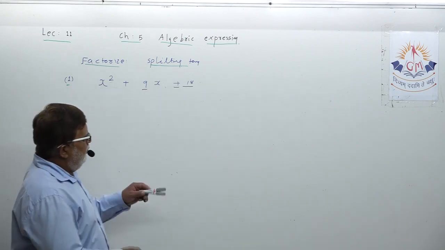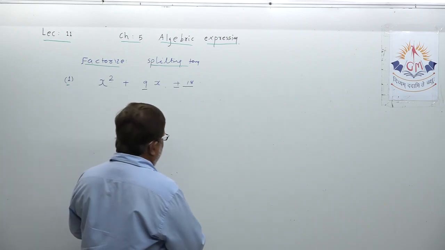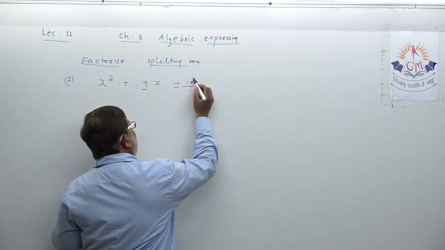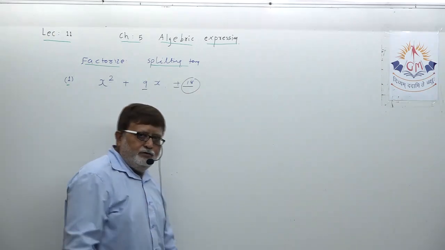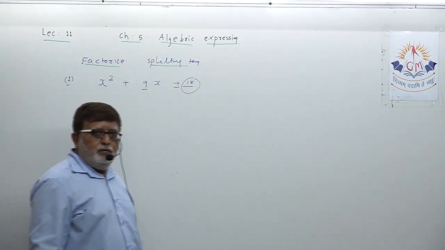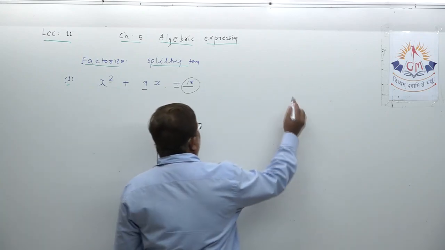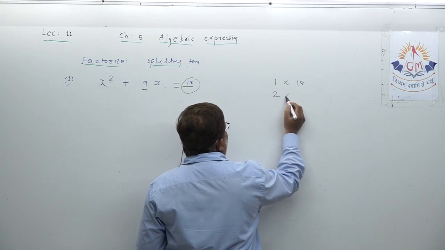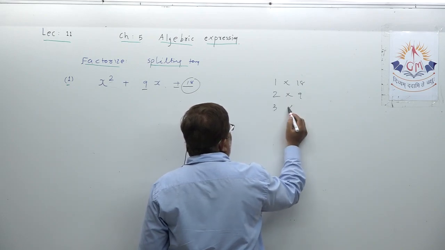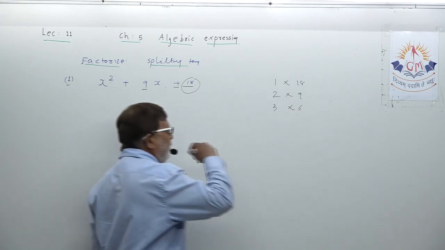So dear student, you have to find factor of this number. After you practice some examples, think it orally. Just now, suppose I list out 1 and 18, 2 and 9, 3 and 6.